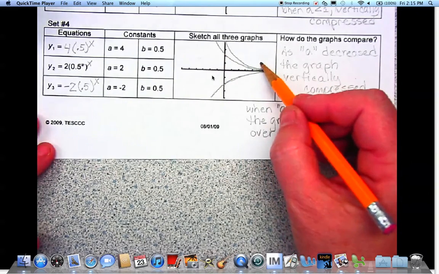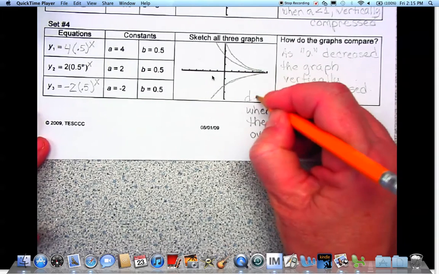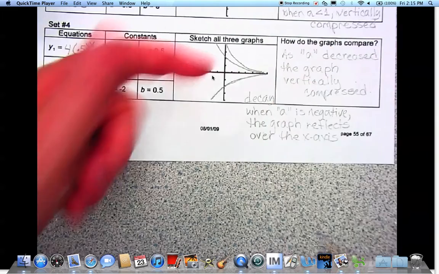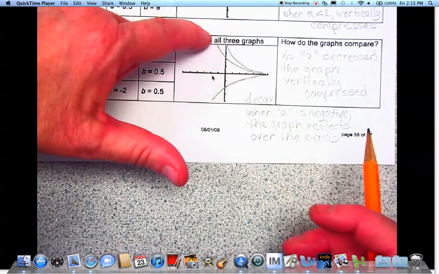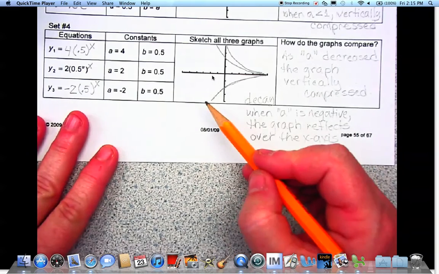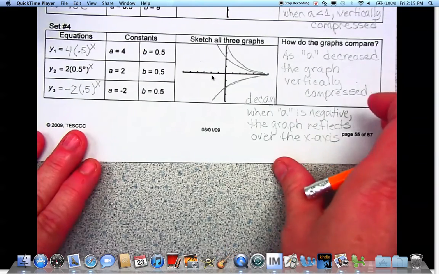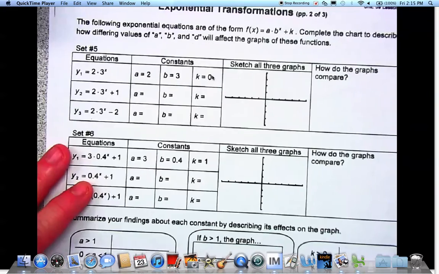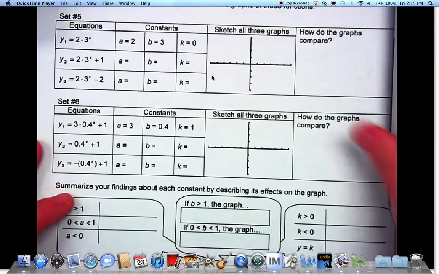They're starting at the top and they're going down, so that's decay. Now, just because this one is flipped over doesn't mean it changes. If you flip it back up, it's decay. So if something is flipped over the x-axis, you have to flip it back up to decide if it's growth or decay. Okay, we're going to do number 5 on the back, and then we're going to skip 6 and finish at the bottom.